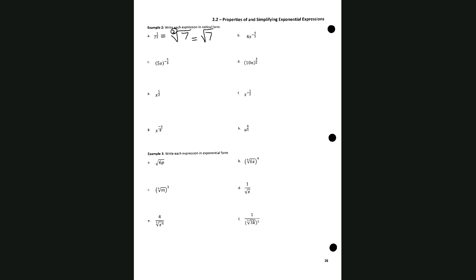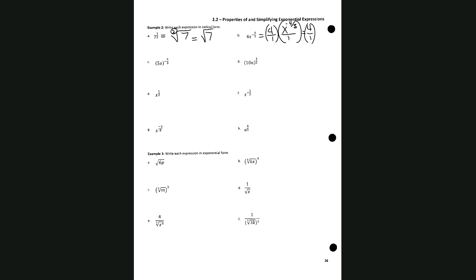For the next example, we have 4 divided by 1. And then we have x with a fractional power, and moreover, it is negative. So first, let's take care of the negative sign. And this will be 4 over 1.